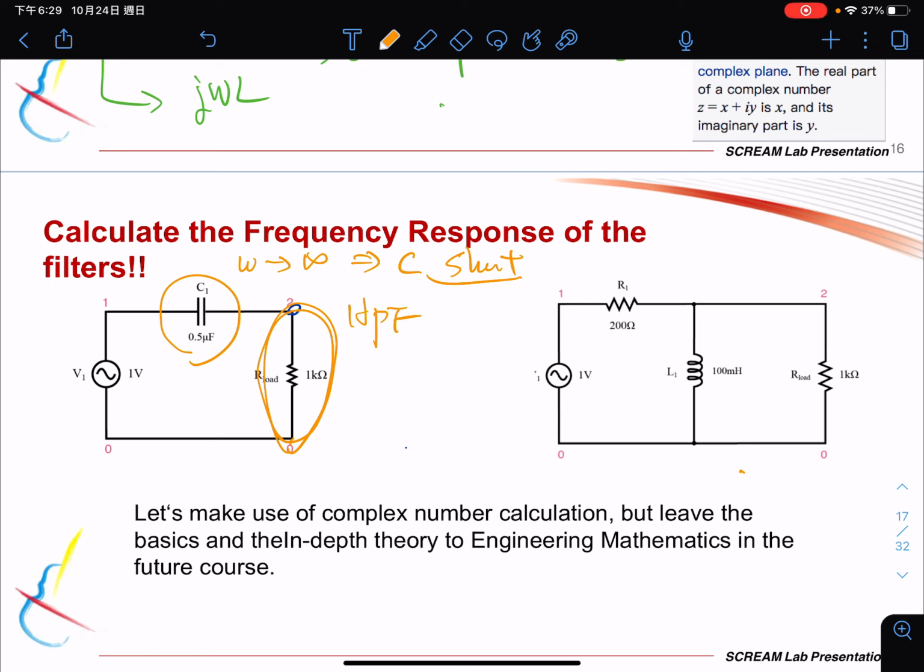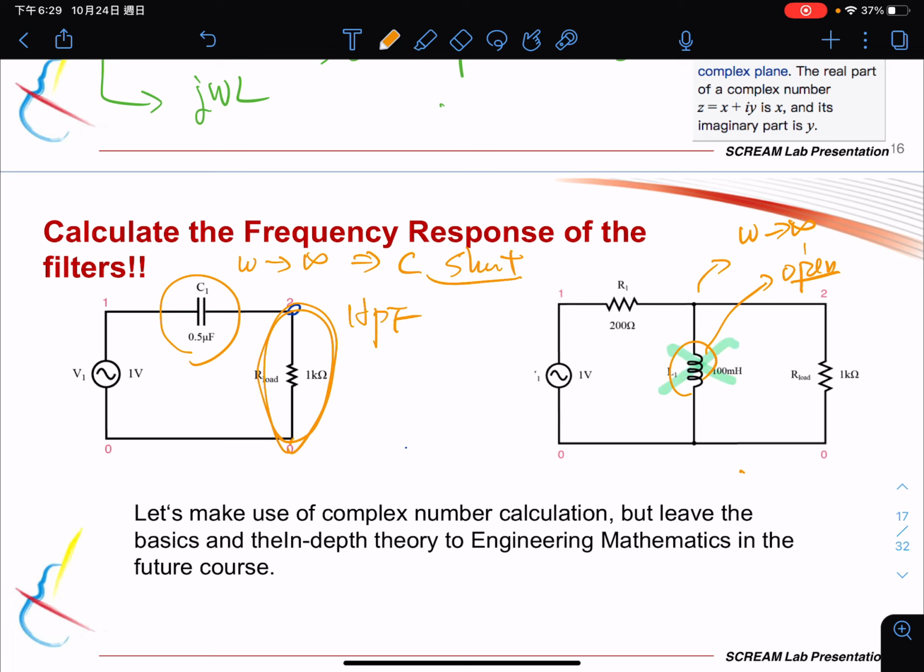But for this circuit, when frequency goes to infinity, the inductor acts like an open circuit, so the inductor can be ignored here.